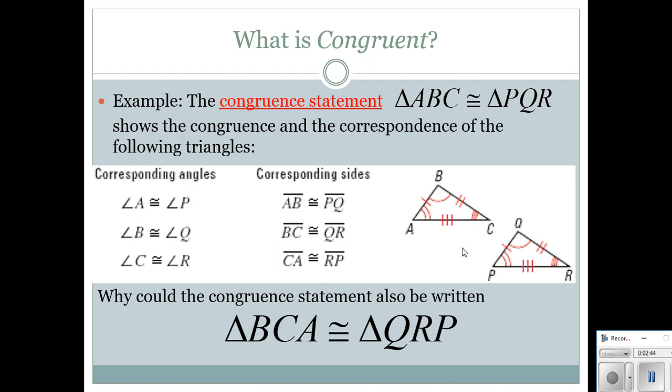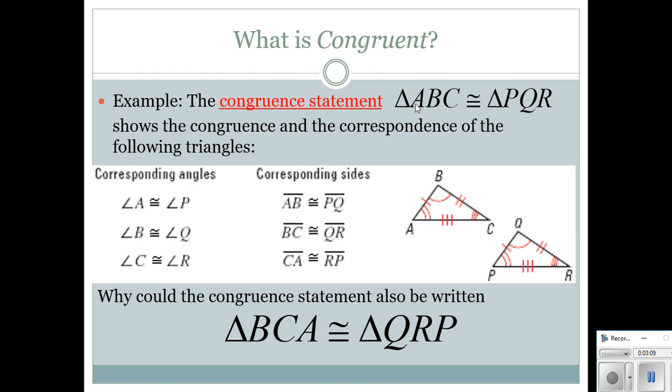C is congruent to R, and then A is congruent to P. So the first letters are congruent, the second letters congruent, the third letters congruent. As long as they are matching, like congruent, then you can write it this way also. So if you write this or if you write that, either way is correct.